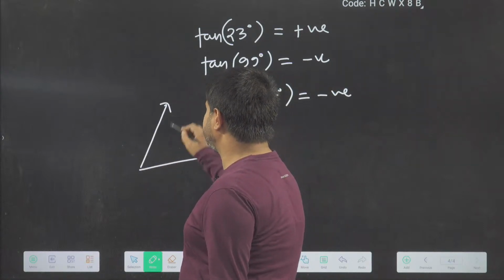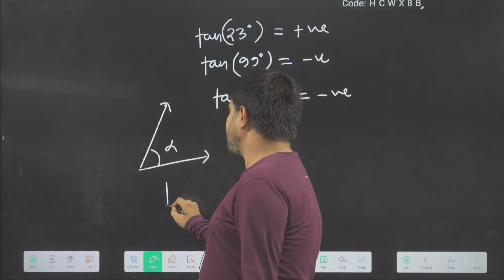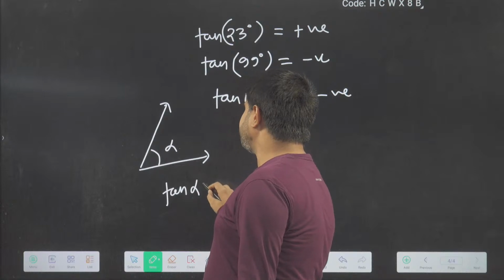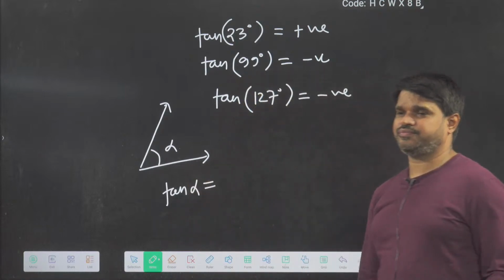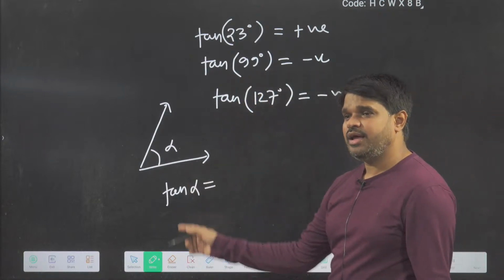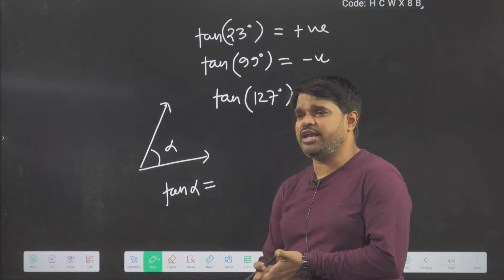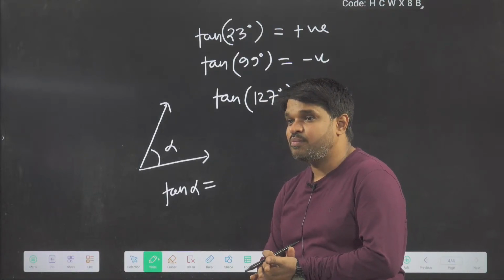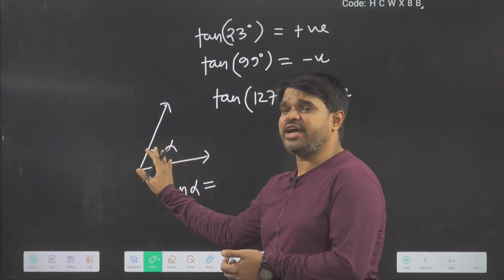Now see this. Alpha. Tan alpha. Positive or negative? Positive. It looks like which angle? An acute angle.